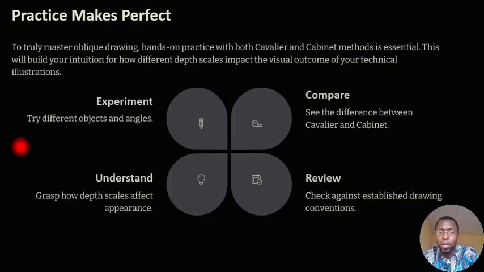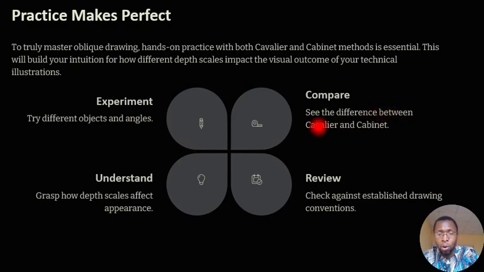All right. Now, practice, they say, makes perfection. To practice this technique of oblique drawing, you need to experiment, try different objects and place them at an angle of 45 degrees. Compare the difference between cavalier and cabinet. You have said it before.